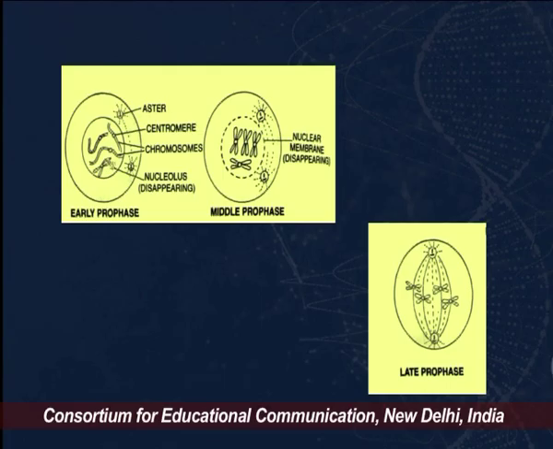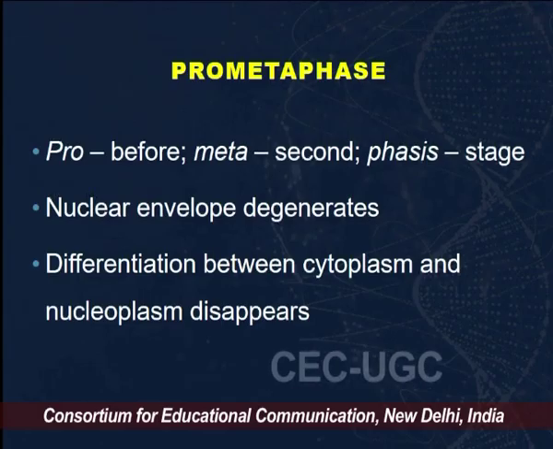In the late prophase, the asters have been formed at the poles of the cell and the chromosomes have started moving towards them, and the condensation has happened.